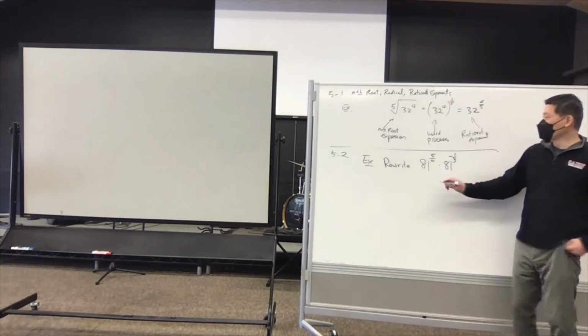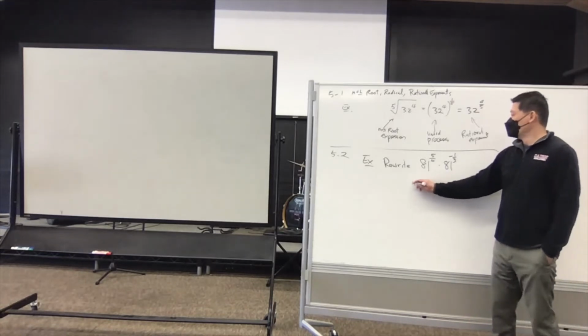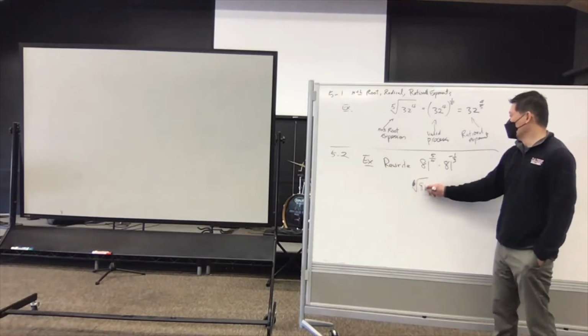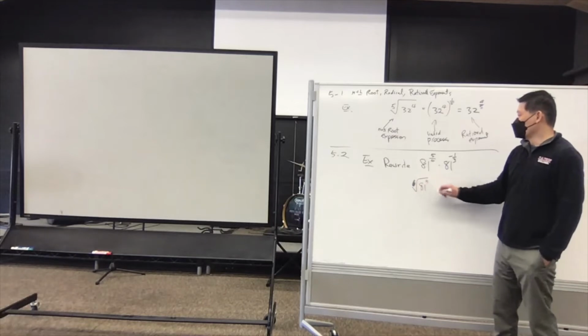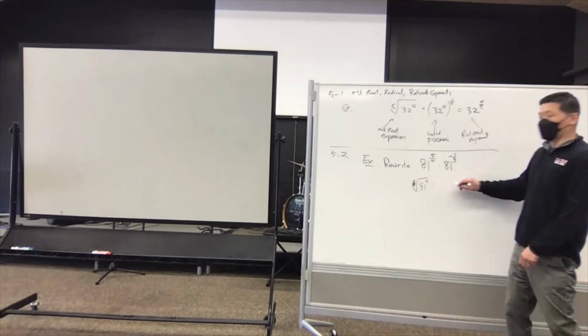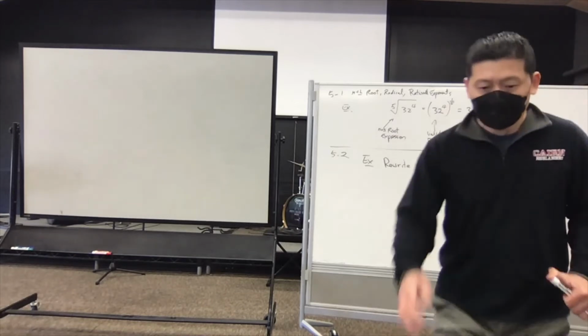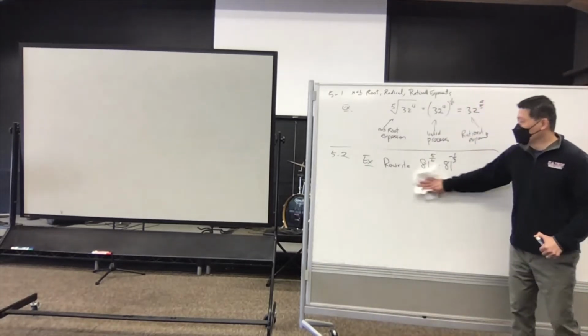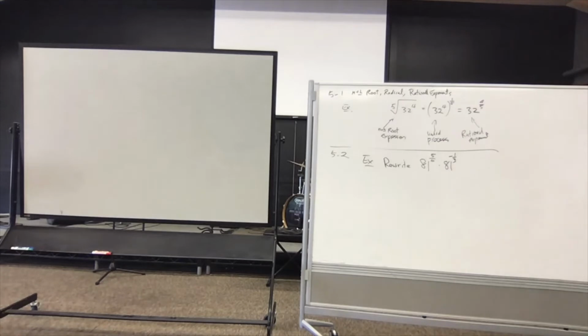So I saw some people doing, say, 6 roots of 81 to the 5th power and so on, and whatnot. The whole point about this chapter is that radicals and roots are so cumbersome to work with. If we can avoid it, we'll avoid it at all costs.